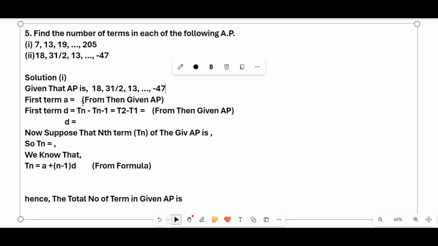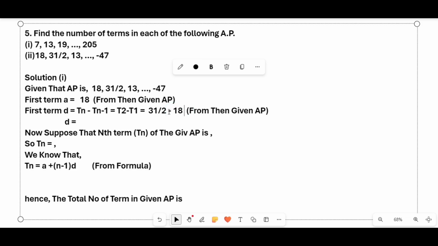The first term is 18 and the common difference is 31 by 2 minus 18.